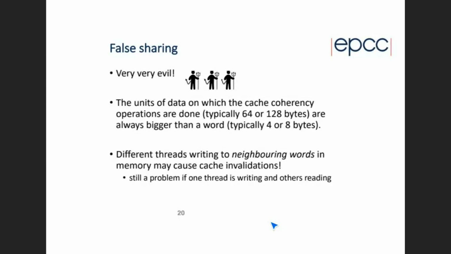And the answer is it does it in blocks of typically 64 or 128 bytes, that kind of size. And the important thing is that block size is always bigger than a single word of data. Your words of data, your integers, your array elements, if they're integers or floating point, are going to be typically 4 or 8 bytes.